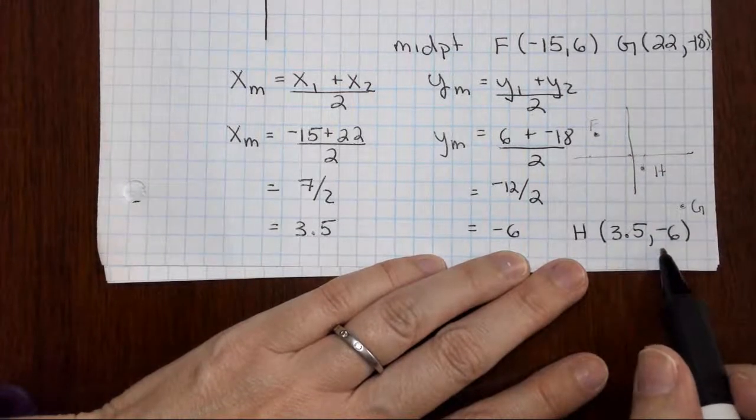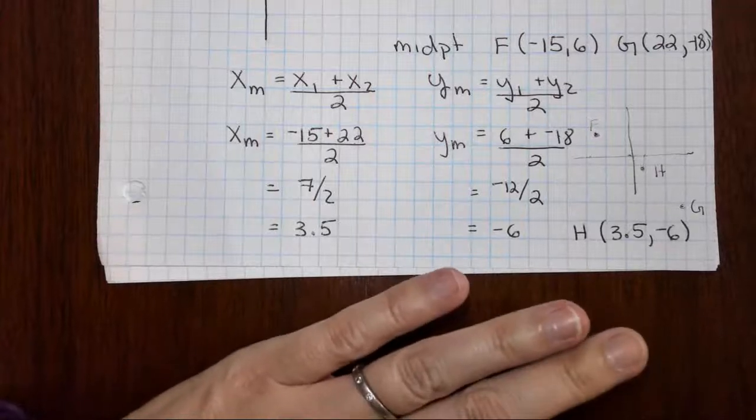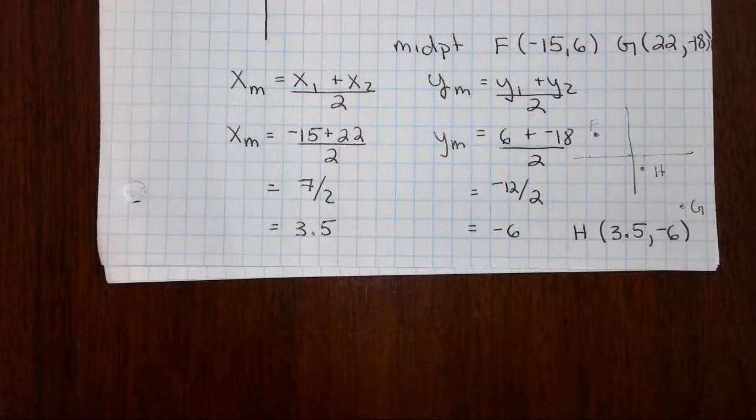Does that make sense? Yes, it does. Doesn't require me to graph exactly. I know that I should be between them on the x's, which I am, and between them on the y's, which I am. So if I were to graph it on a test, I would find that it worked. All right, so that is just finding the midpoint.